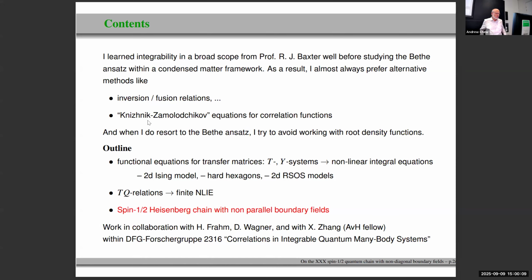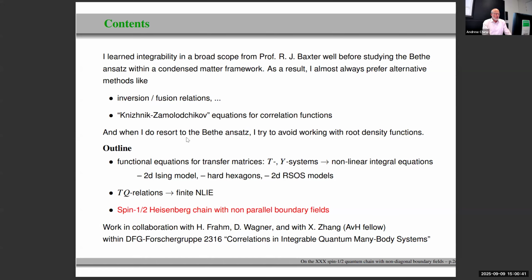Maybe Knizhnik-Zamolodchikov is a misnomer; maybe one should call these equations Jimbo-Miwa equations or something like that. Anyway, Knizhnik-Zamolodchikov equations are differential equations in CFT, and these equations here are functional equations for correlation functions. Professor Baxter used them, I think, after his retirement to calculate the one-point function of the chiral Potts model.